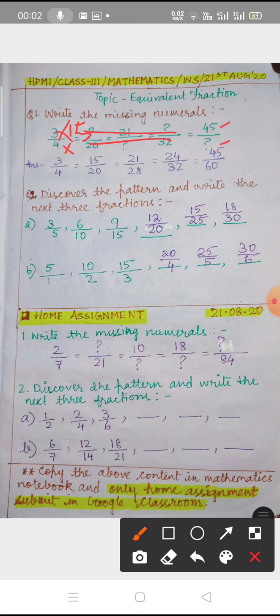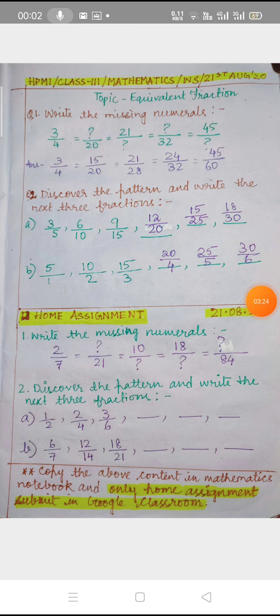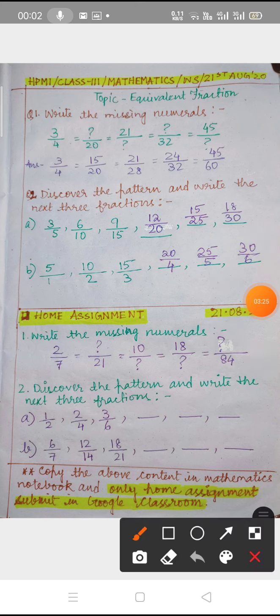So 4 also we will multiply by 15. 4 15s are 60. So we got the missing numerals for all fractions. Whenever we are finding missing numerals, we concentrate only on the given fraction and the particular fraction, and the rest of the fractions we ignore for that time being.